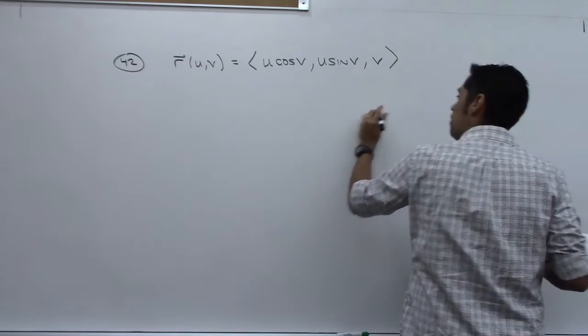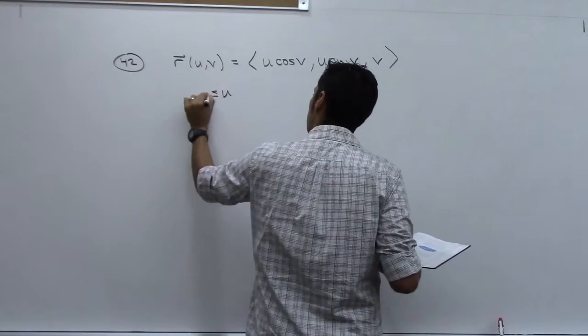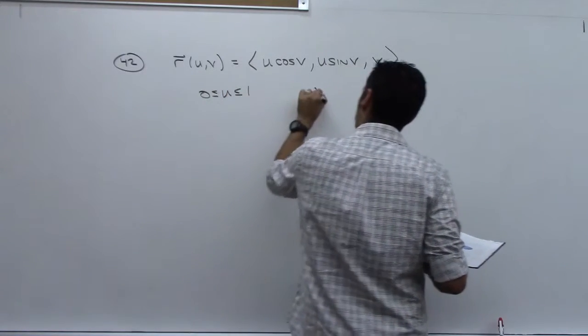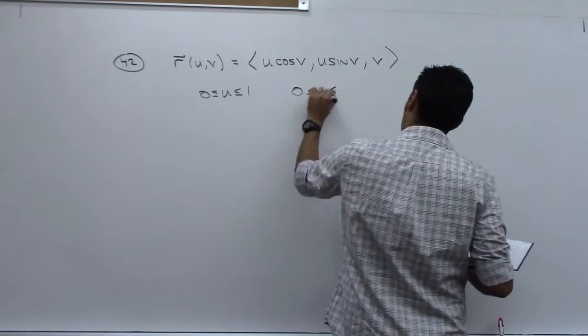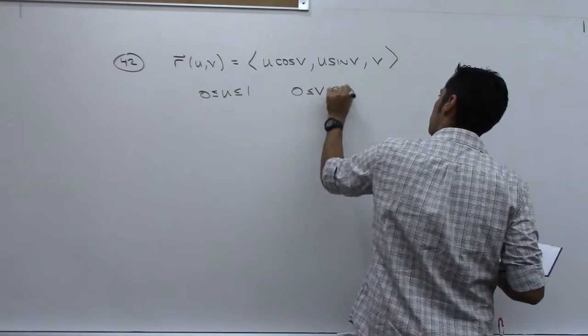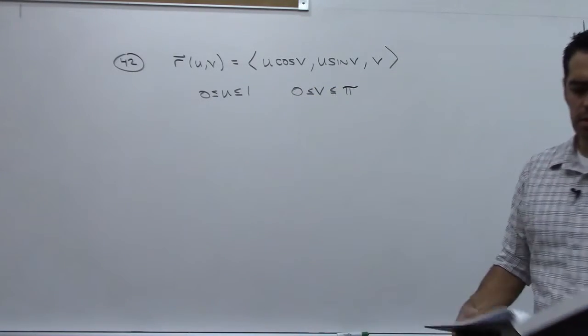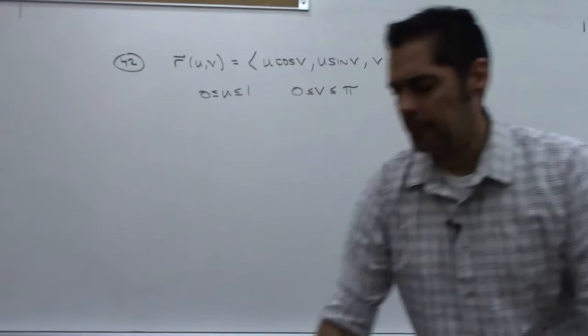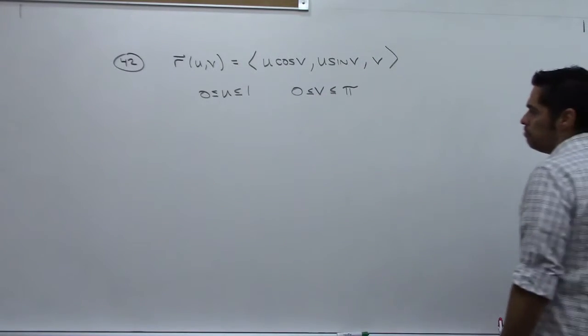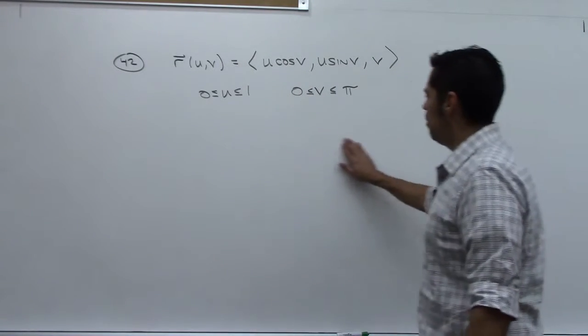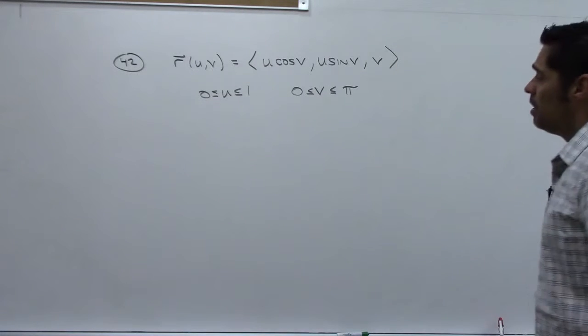And then they give you that u is between 0 and 1, and v is between 0 and, what are we going to? Pi. So this is going to draw a spiral ramp. So what we want to know is what the surface area of this is.